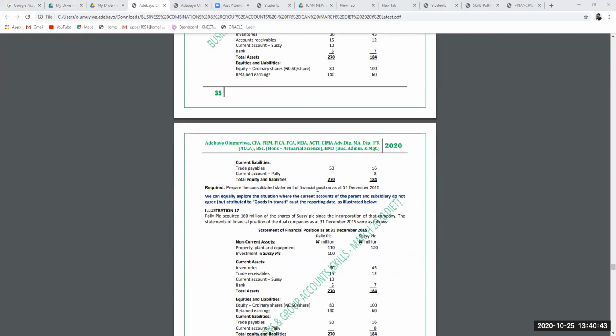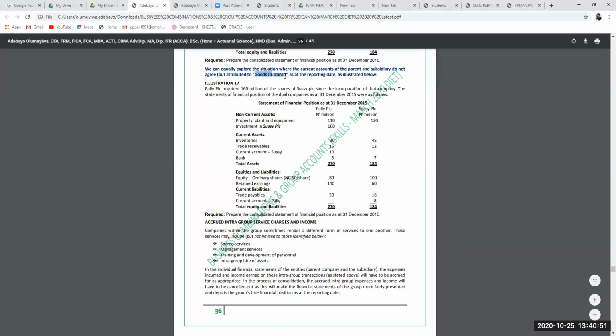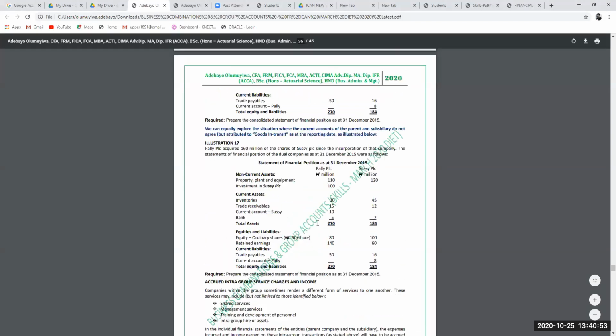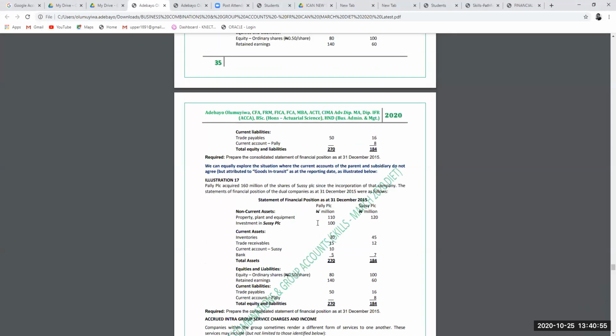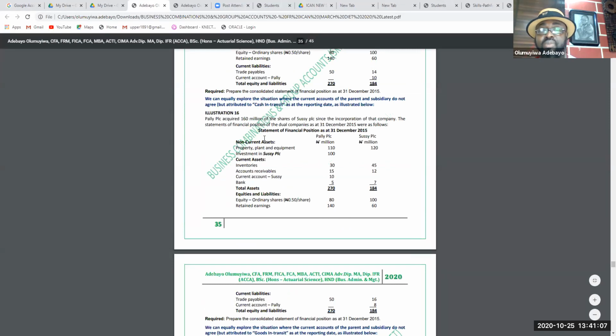If you look at question 17, it is the same thing as question 16, but it says that it is attributed to what? Goods in transit. Which means, first, you have to be aware that there's a difference. And the difference can be goods in transit, cash in transit, or a combination of goods in transit and cash in transit. Now let's solve question 16.